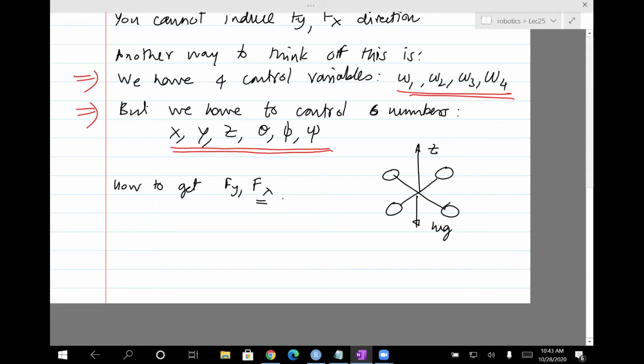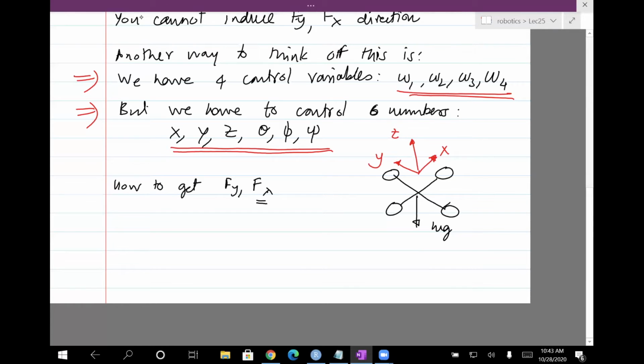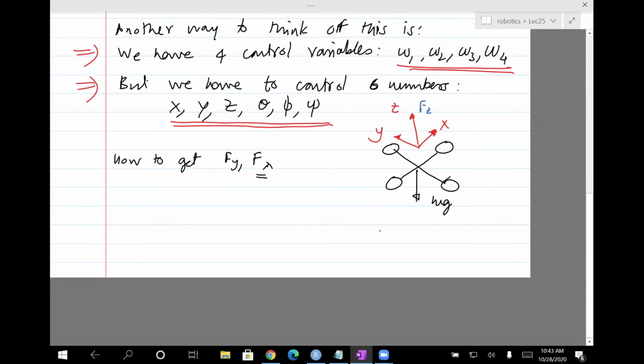Let's say you want a force in X, Y and Z. Okay, so this is Fz. Now, if you want to have a force in this direction, then you want to rotate the quadcopter by an angle. So the quadcopter in the new configuration looks like this.